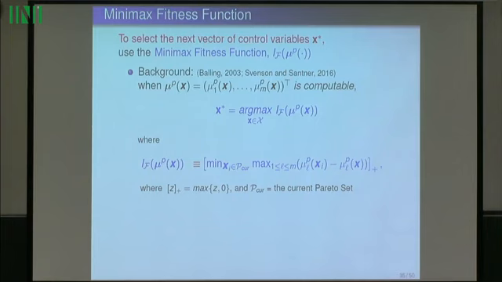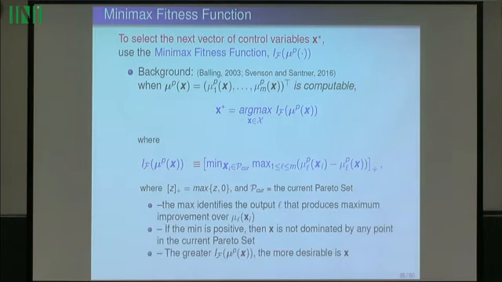Let me just put into words roughly what this is doing. The maximum here is looking for which output produces the maximum improvement over the means that I have on the Pareto front.